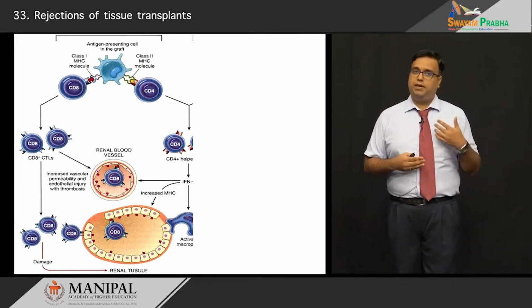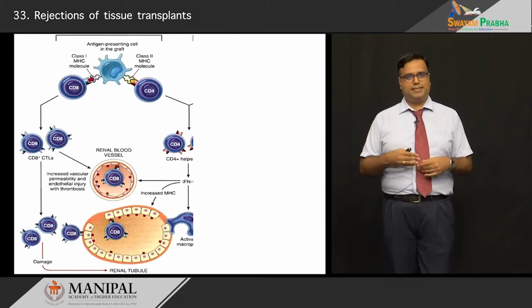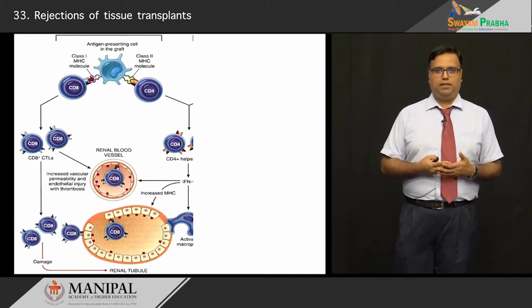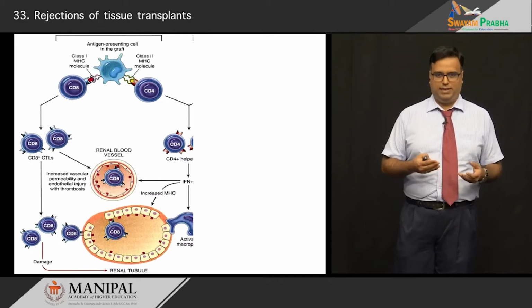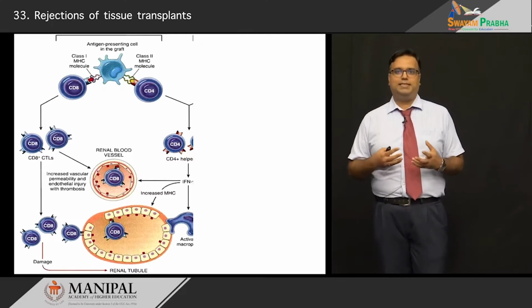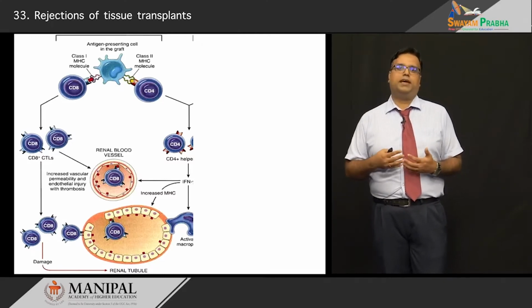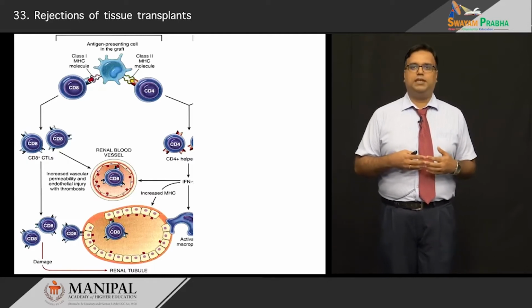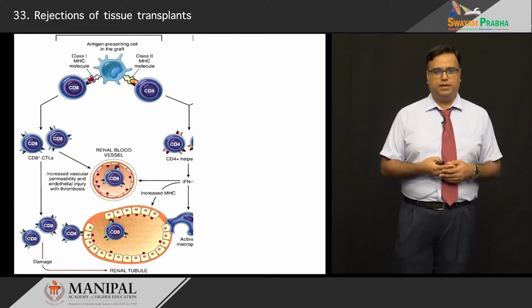Now, CD8 is a very robust response, like we have said earlier, it's cytotoxic or suppressor. What they do is immediately they will attack the blood vessels within the kidney. So, as indicated schematically there, you can see that the CD8 cells reach the blood vessels and begin to attack the endothelium. They latch on to the endothelium and cause endotheliitis or swelling of the endothelium.